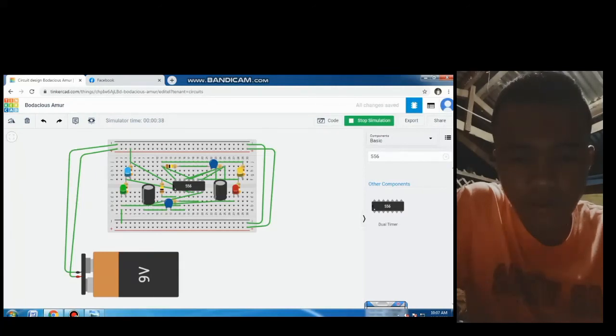So that's it guys. The important thing is you should follow the circuit diagram and be safe.